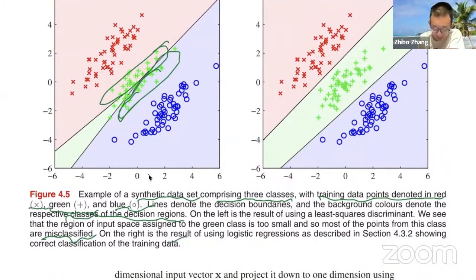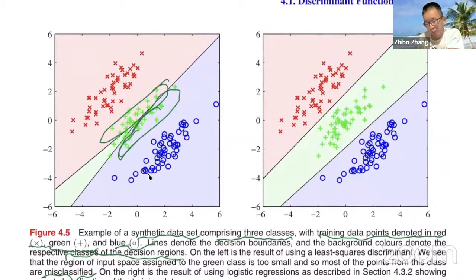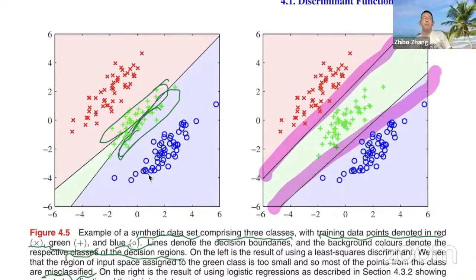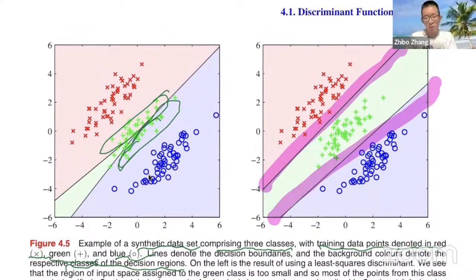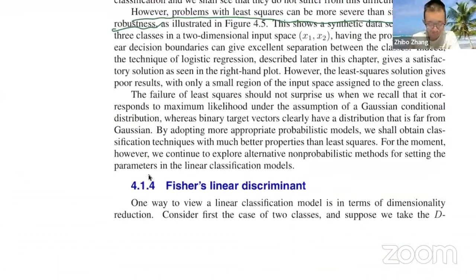On the right-hand side is the result of using logistic regression, and you can see that it's very well classified. These two decision boundaries almost perfectly separate the three classes.